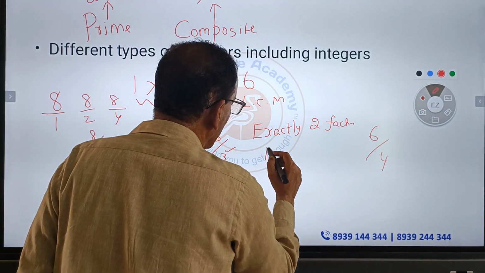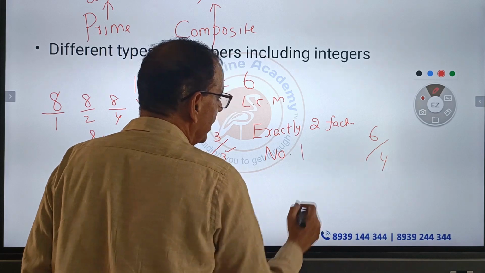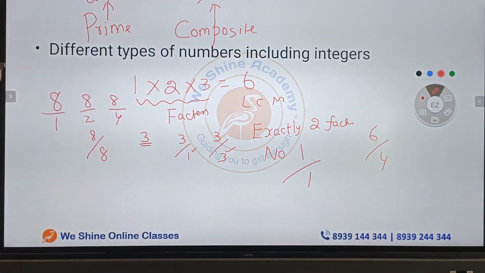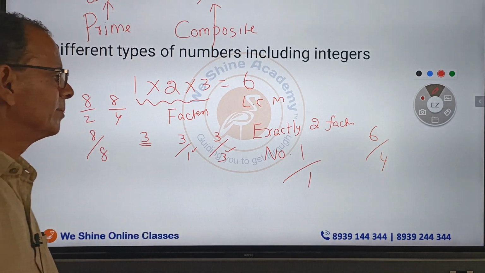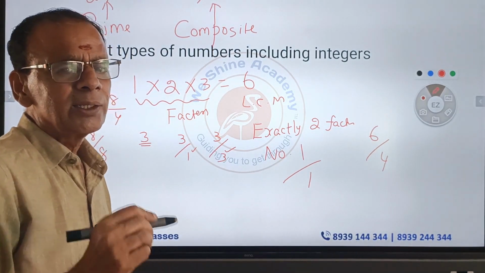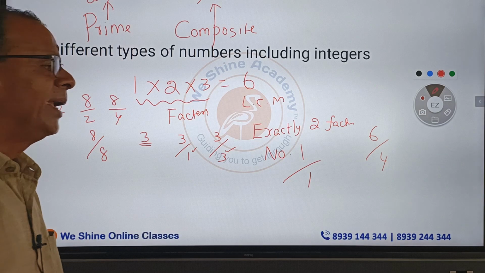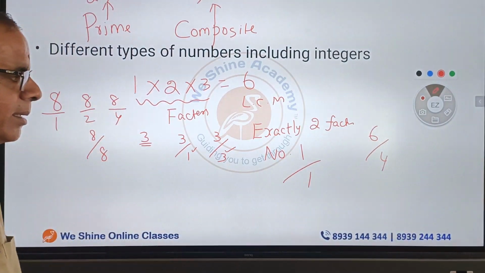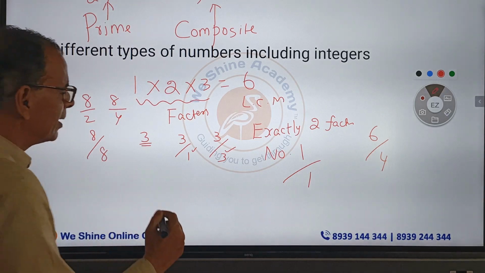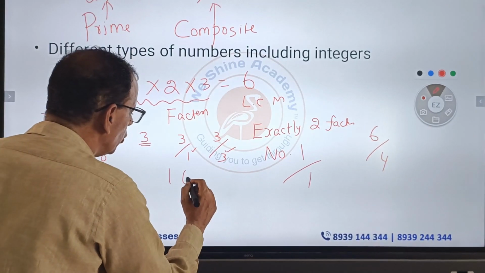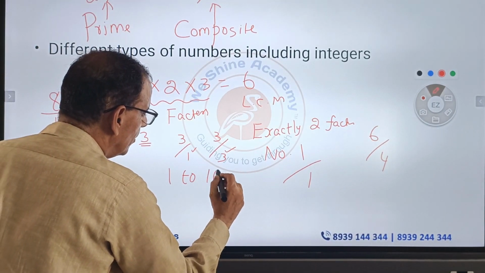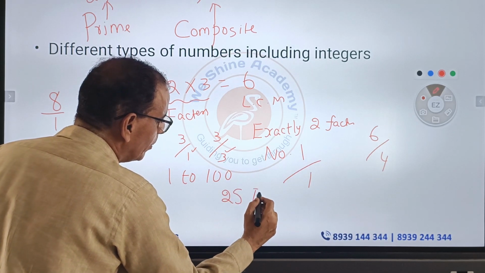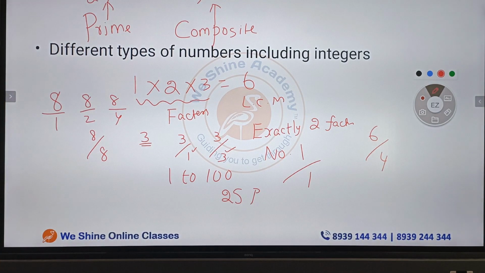What about number 1? Number 1 can be divided by 1 only. That is, only one factor is there. So number 1 is called neither a prime number nor a composite number. Another data you have to remember: from 1 to 100, how many prime numbers are there? 25 prime numbers are there.